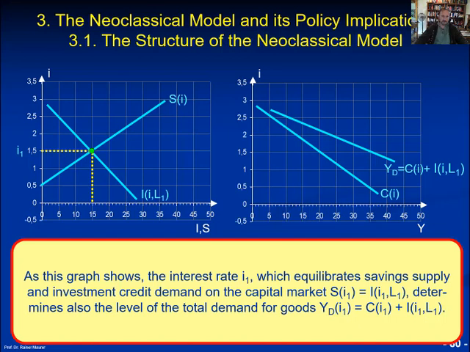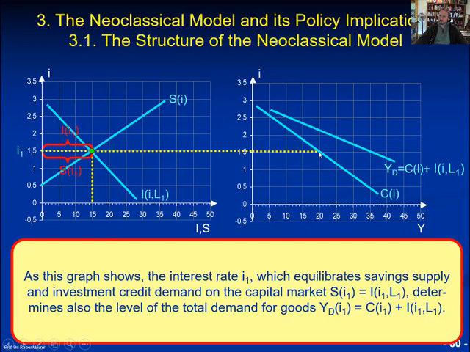At this interest rate, savings supply by households equals investment credit demand of firms. If we extend this interest rate level now to the market for goods, we are able to determine the total demand for goods, which corresponds to this capital market equilibrium.